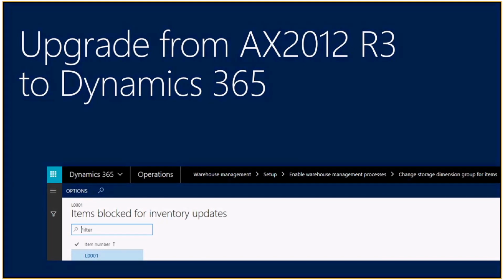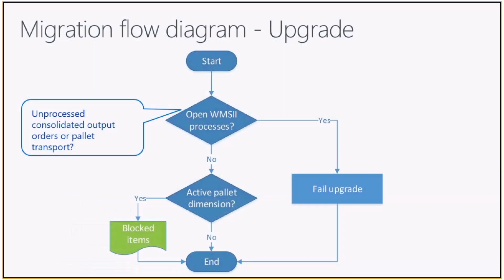The next topic I would like to cover is regarding an upgrade process from your AX2012 to Dynamics 365. You see a small screen dump here for an item block for inventory updates. And the reason for showing this one is really just to stress again that pallet is not supported.